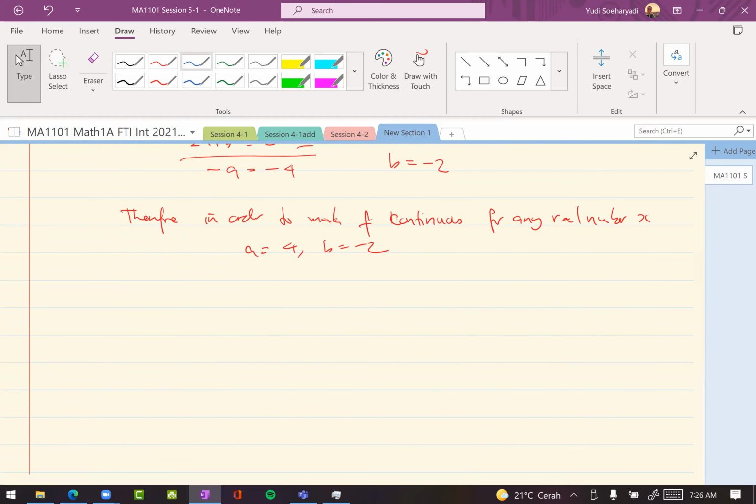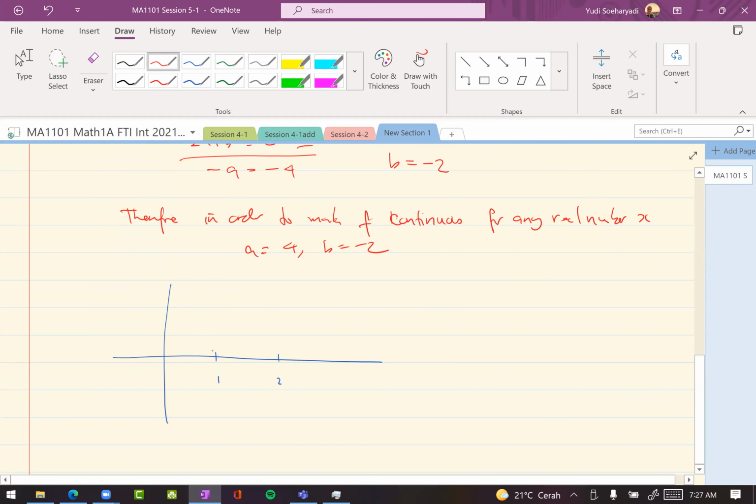So geometrically, what you have is this kind of situation. This is 1, this is 2. To the left of 1, it's x plus 1. And between 1 and 2, it is ax plus b.